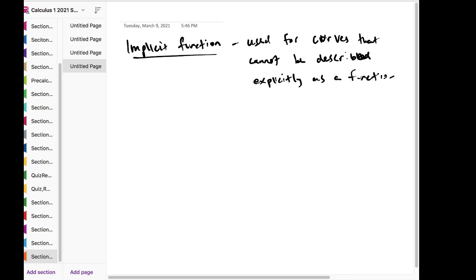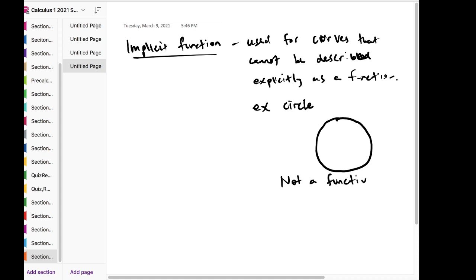So for example, the circle, right? A circle cannot be described explicitly as a function. Why not? Why is it not a function?